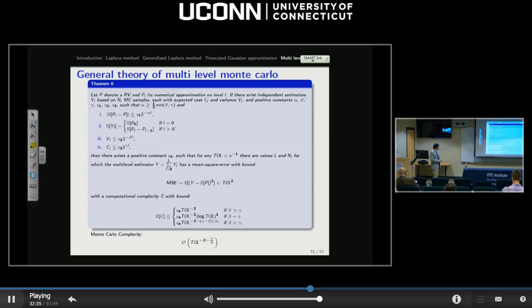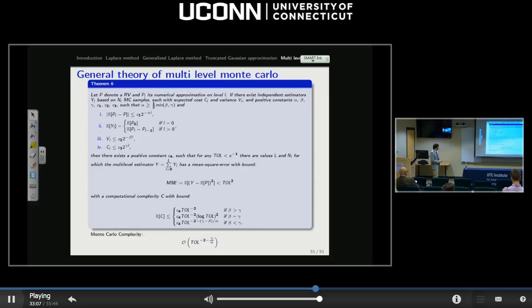This is very good in the sense that you don't see the cost of your forward model anymore. It's completely Monte Carlo. In the second case, if the decrease of the variance equals the increase of the computational cost, you have some extra term here, log tau. Of course, log tau is not too much.